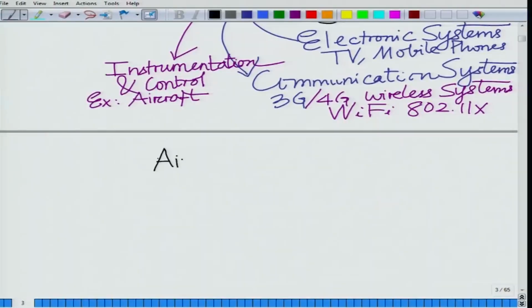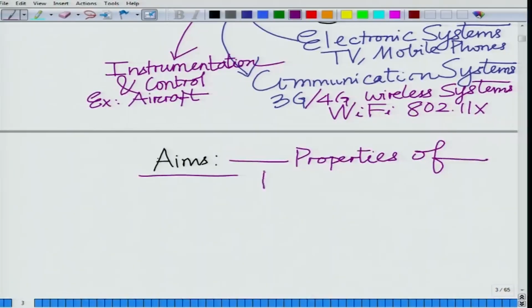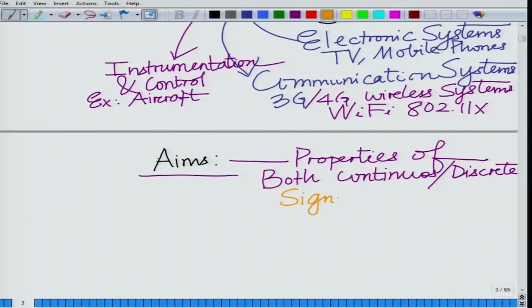So, the aims, as we have already said, to summarize, would be to look at the properties of both continuous as well as discrete signals plus systems.